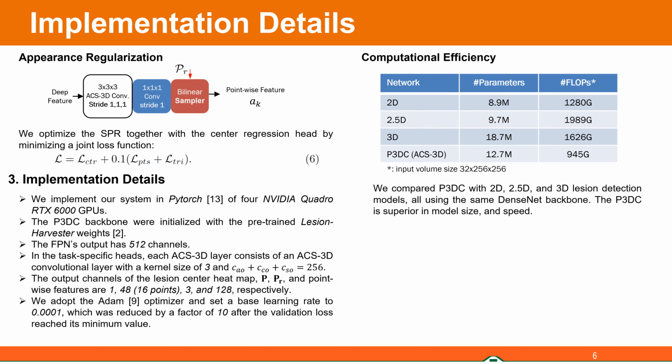We also compare pseudo 3D convolution with 2D, 2.5D, and 3D lesion detection models, all using the same DenseNet backbone. The pseudo 3D convolution is superior in model size and speed.